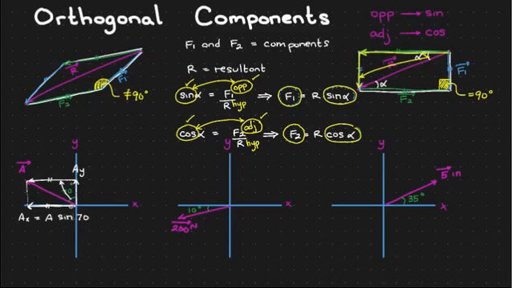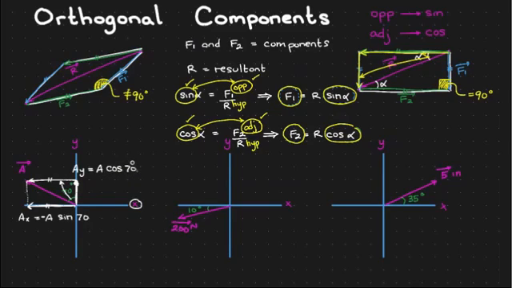And because it is to the left, I'm going to put a negative sign in front of that term because positive x is to the right. AY, the component along the y direction, is equal to, well, that component with respect to 70 is adjacent to 70, so therefore this is A times cosine 70.